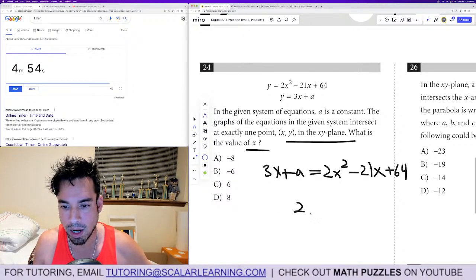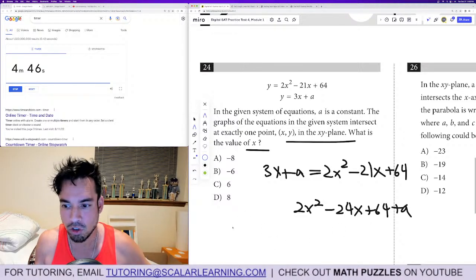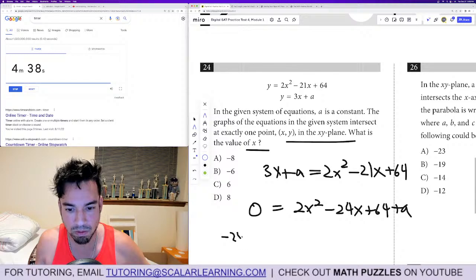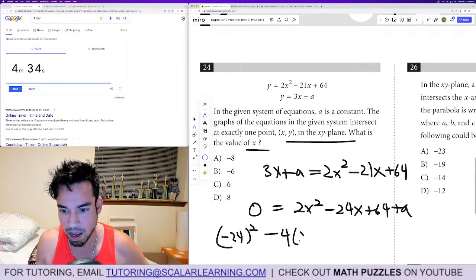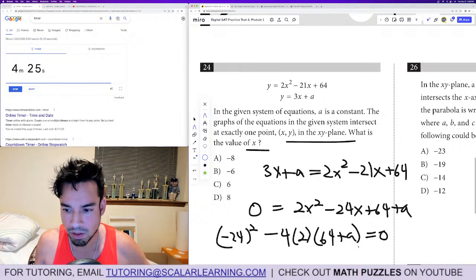So it's 2x squared and then minus 3x from both sides. So it's minus 24x, and then it's plus 64 plus a. So the discriminant is b squared minus 4ac, and this all equals 0. So it's b squared, which is the term multiplying the x. So negative 24 squared minus 4a, a is that 2, and then c is 64 plus a, and this is supposed to equal 0. 24 squared, I believe, is 576.